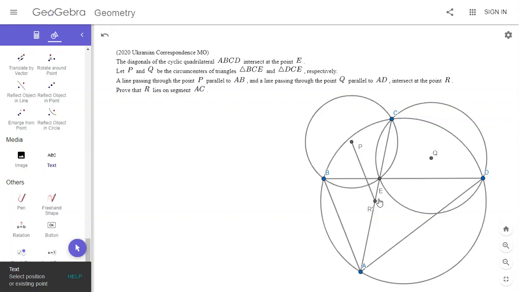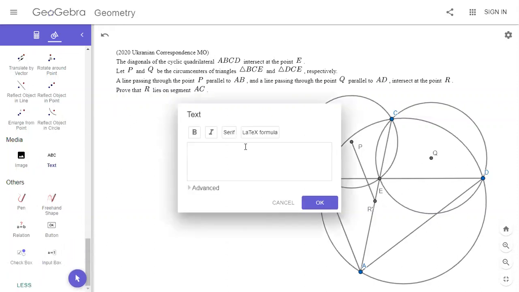Okay, so first I'm going to define R dash. Let the parallel through P to AB meet AC at R prime.